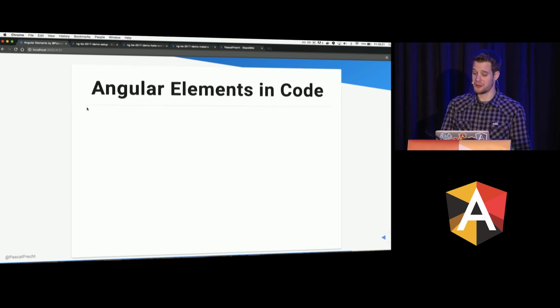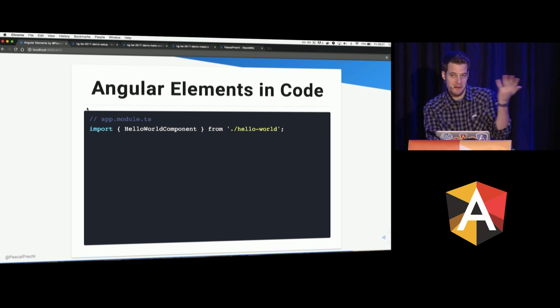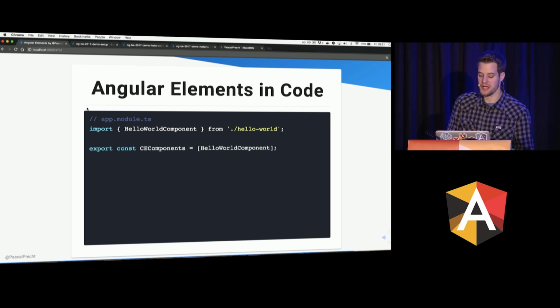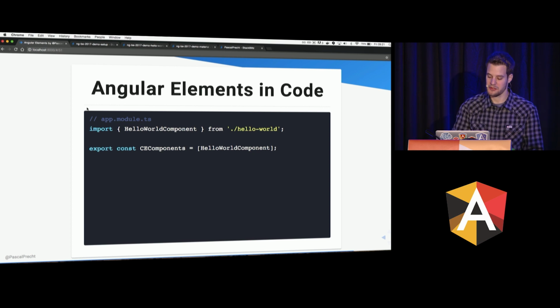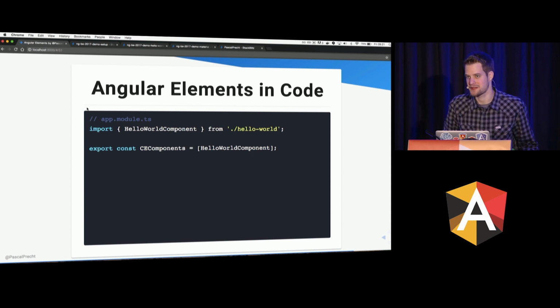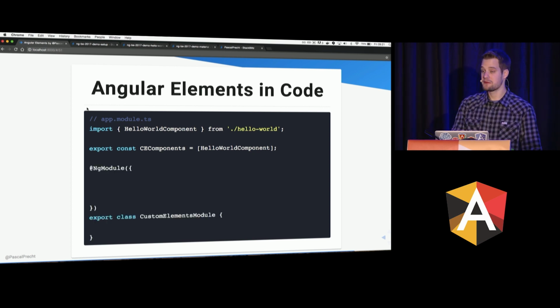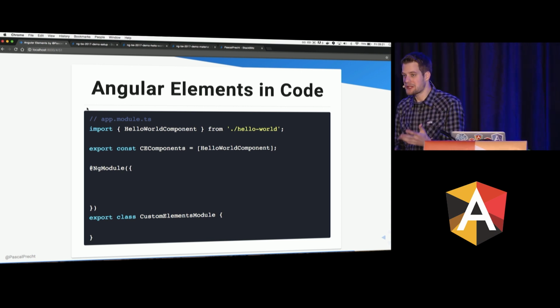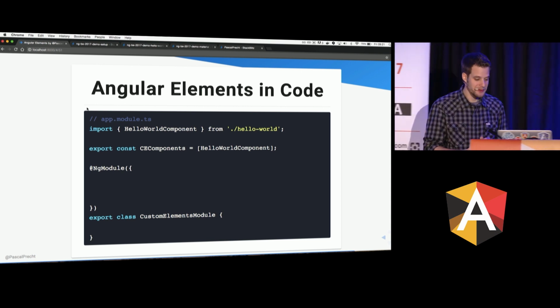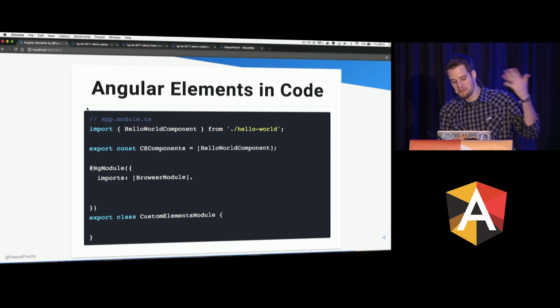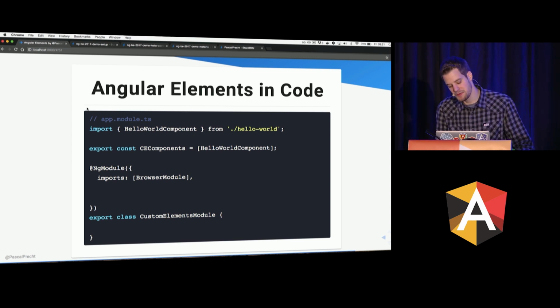And here's what it looks like in code, right? So let's assume we have a Hello World component. We define a list of our components that we want to package as custom elements. We define our ng module, because we know every component has to be part of an ng module. We import all our browser ng module dependencies that we need. In this case, it's a browser module.